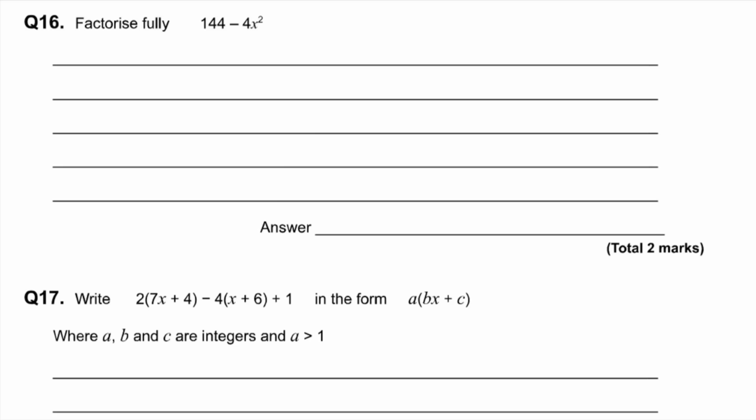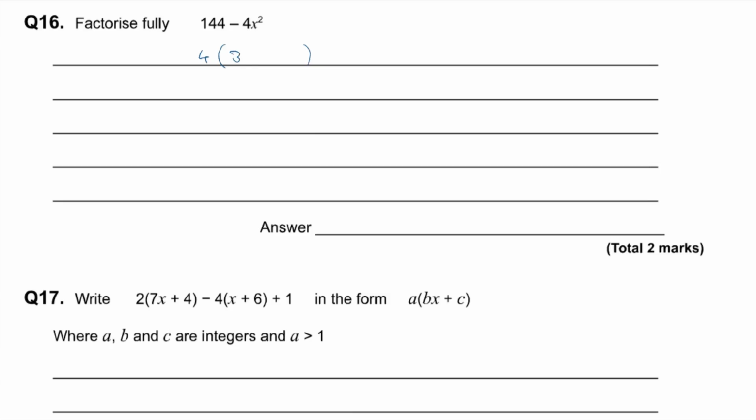Question 16, factorise fully 144 minus 4x squared. Now again, going to factorise out 4 first, make it a whole lot easier then to do the difference of squares part. So 4's into 144, what's that then? 40, 80, 120, so 30 and 24 divided by 4 is 6, so 36.